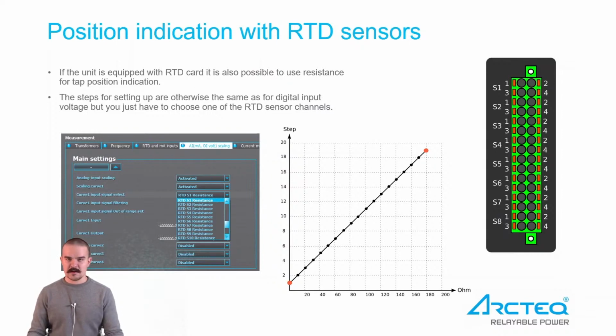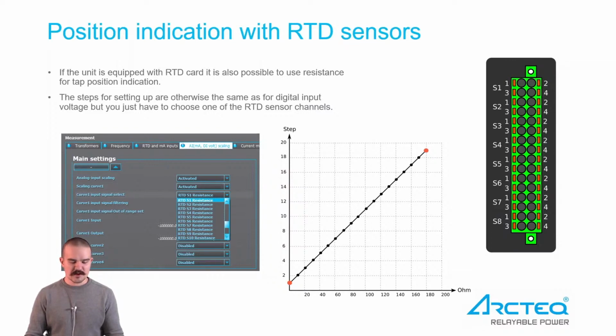And RTD measurement channels can also be used if you can get resistance as the signal from the tap changer. So you basically use the same steps as with digital input voltage measurement.